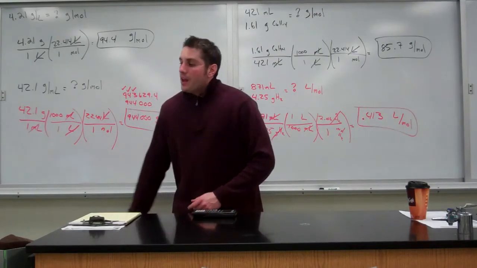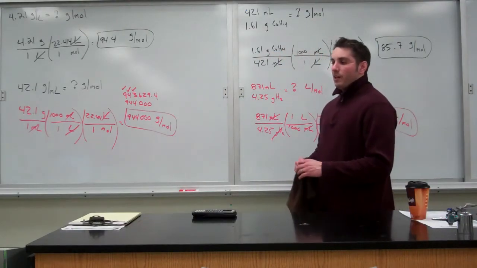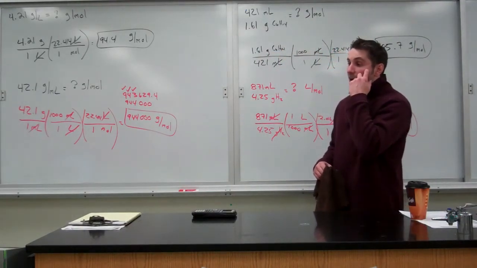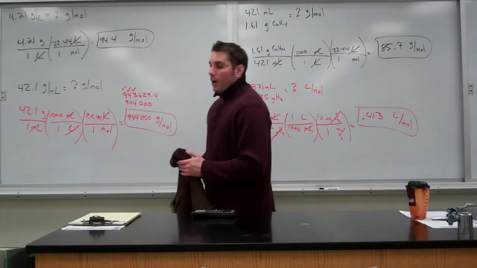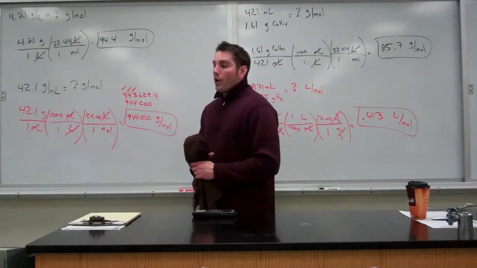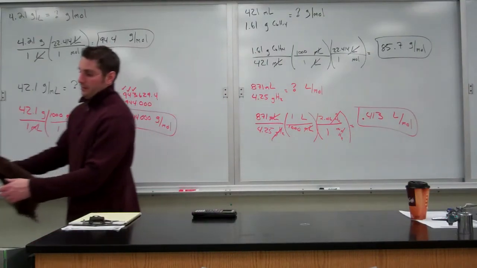Last two. Number 8 says, if 705 milliliters of nitrogen gas has a mass of 0.458 grams, what is the molar mass of the sample of nitrogen at STP?